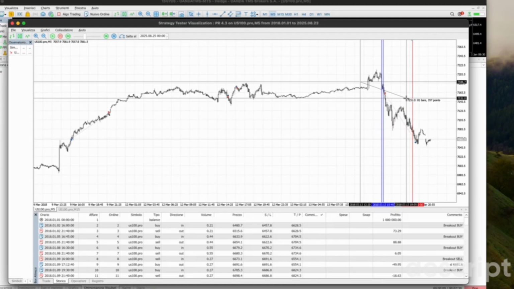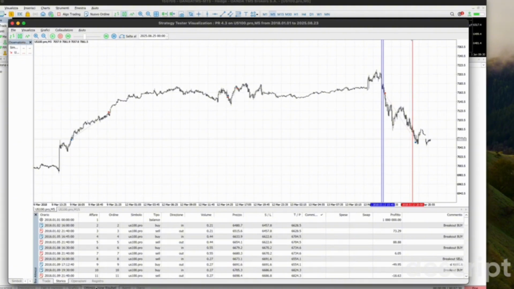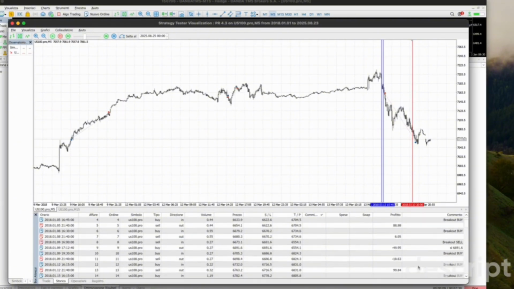It's going to calculate how many pips of stop loss, and then it depends on how much you want to risk. In this case it is a maximum of 100 USD per trade, so it's going to convert that into the right lot size for that position, and that's much easier.